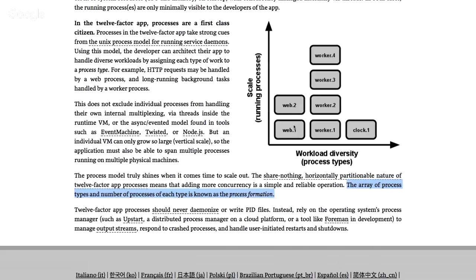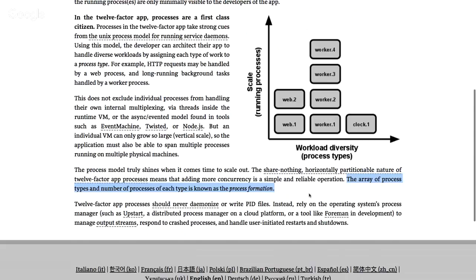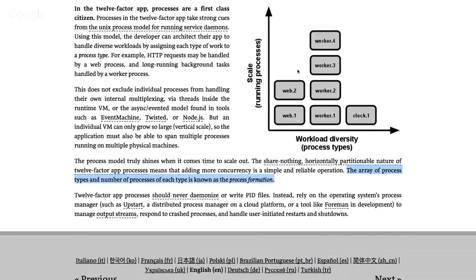If you see, web 1 and web 2 are HTTP processes, and worker 1 to 4 is another array of worker processes. Clock, I'm guessing, is a scheduler process. So this is called the process formation. Basically, it consists of an array of process types and the processes themselves.